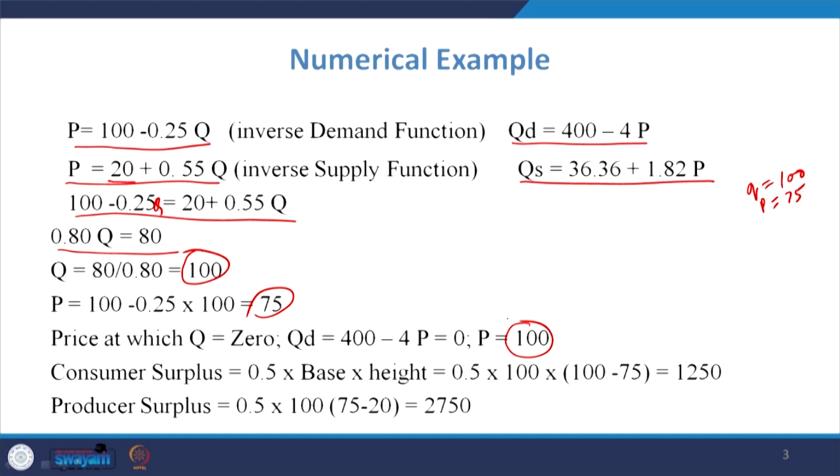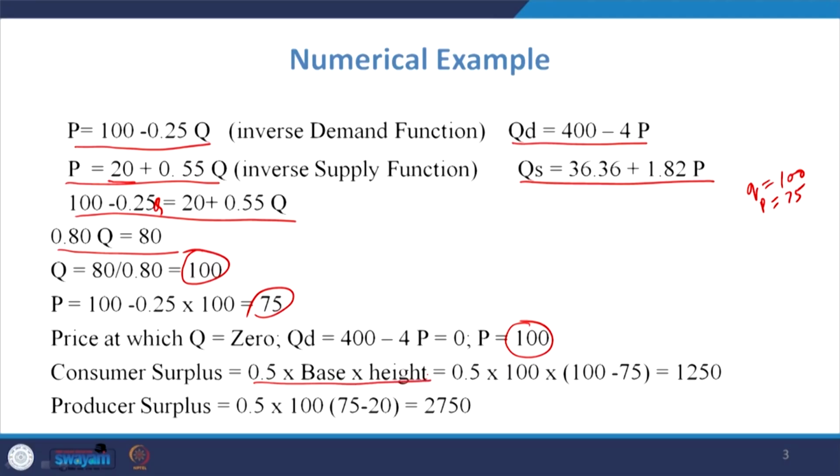Now, you know the market price 75, you know the equilibrium level of quantity 100, you know the maximum price the consumer is willing to pay, then you can easily calculate the consumer surplus, and the formula of consumer surplus is 1 by 2 base into height.